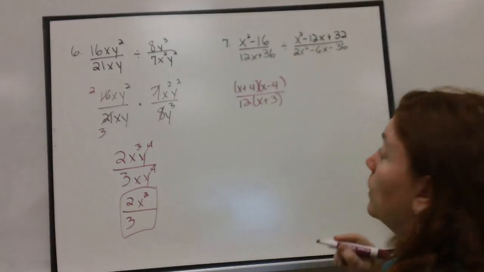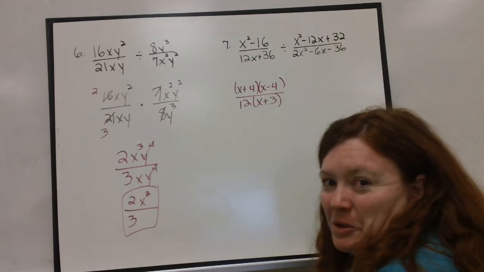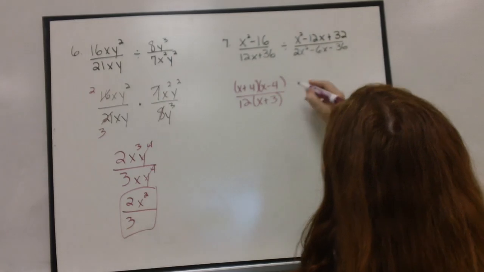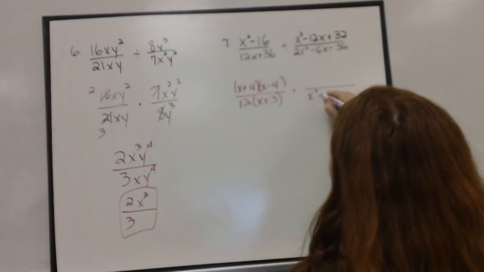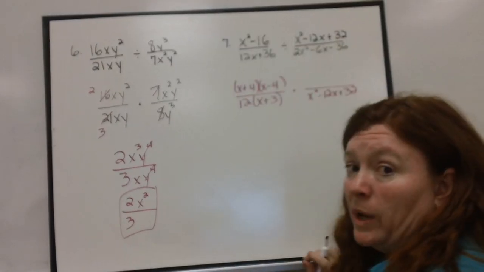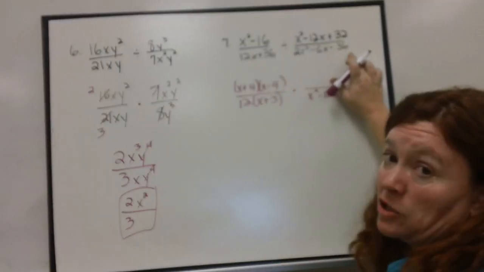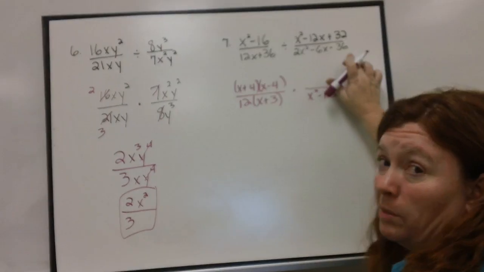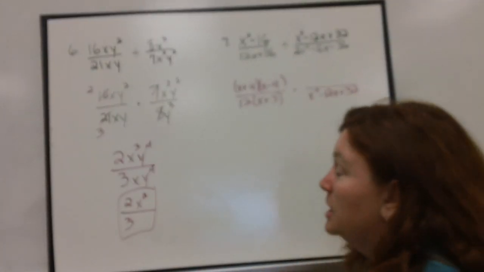Now, the issue I have is this one needs to get flipped. Oh boy. Let's make it times and flip it. Now I'm going to do one extra step in here. Do you see that this one has a common factor? Since there's 3 terms, I'm probably going to have to break it into 2 parentheses.